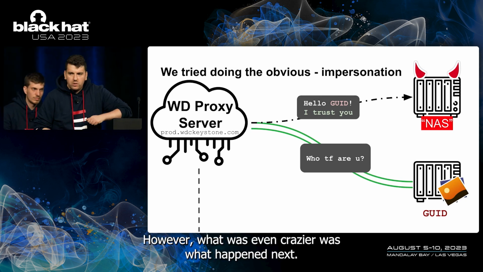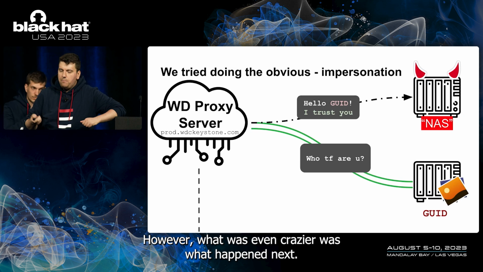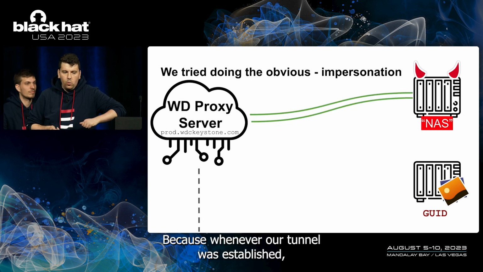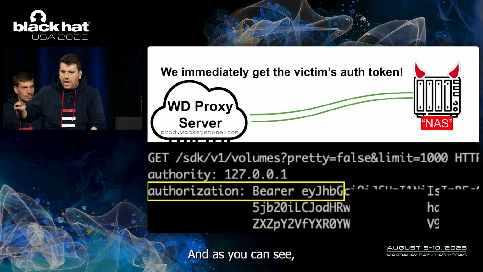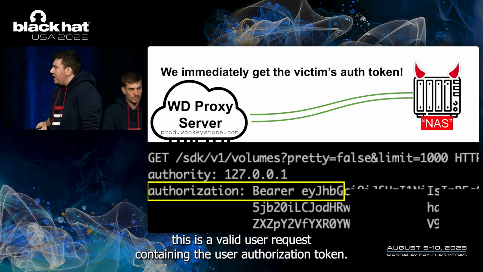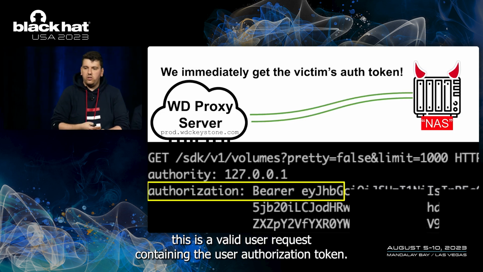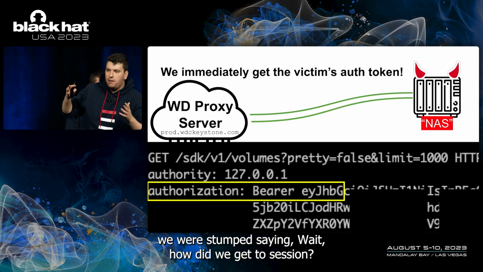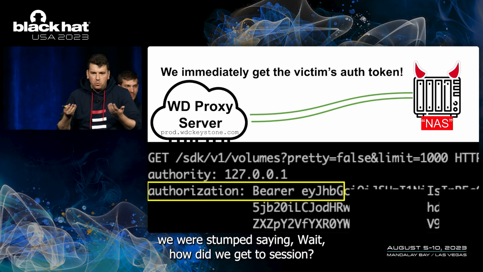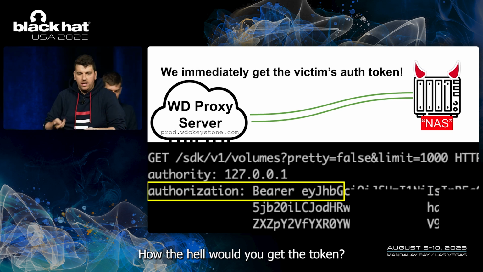However, what was even crazier was what happened next. Because whenever our tunnel was established, immediately we got this. And as you can see, this is a valid user request containing the user authorization token. Whenever we saw that, we were pretty stumped, saying, wait, how the hell did we get a session? How the hell did we get a token?